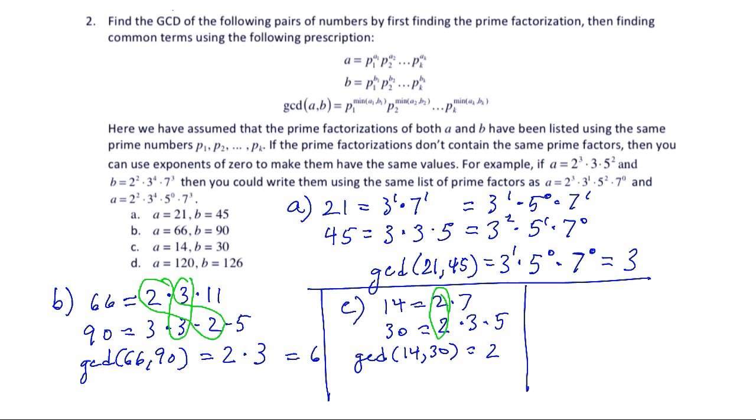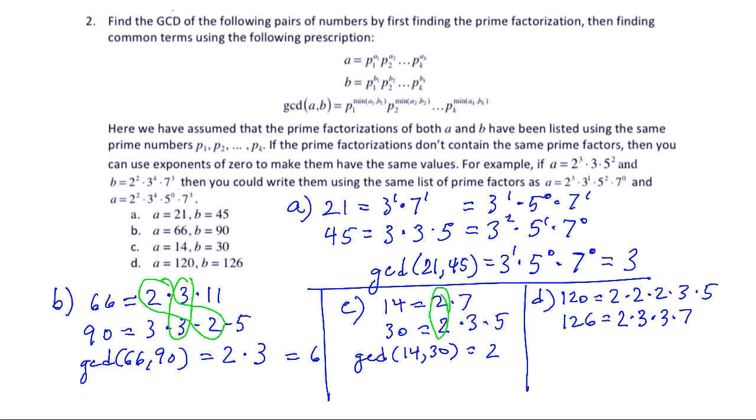Finally, for part D, hopefully I have enough room, 120 and 126. 120 is 2 times 60, which is 2 times 30, which is 2 times 15. 126, on the other hand, is 2 times 63, which is 3 times 21, which is 3 times 7.